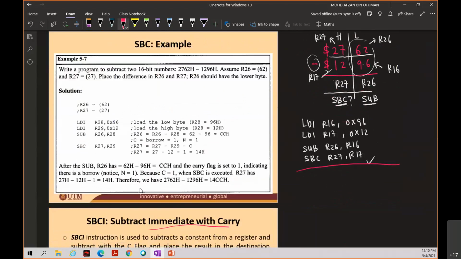We already learned about the SUBI and SBCI. Why not? Previously we used the SUB and SBC, correct? So why not, for the lower byte, we use the SUBI, and for the higher byte we use the SBCI.